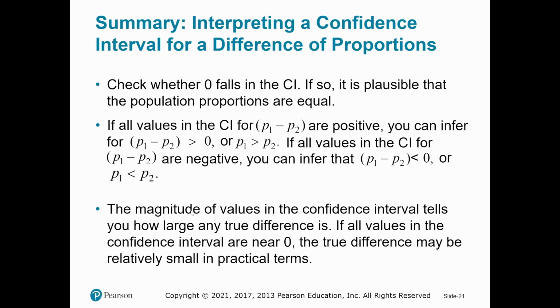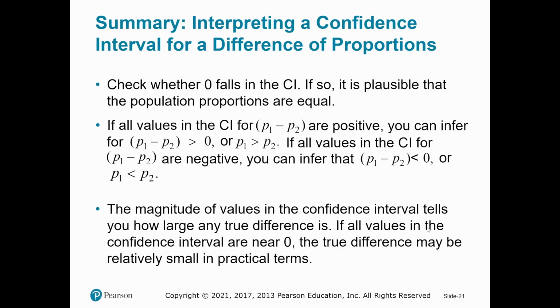Now, the magnitude of the values in the confidence interval tells how large any true difference is. Don't forget, the confidence interval estimates the true difference in proportions. It's just an estimate, but it's an estimate that incorporates the standard error of the difference in the sample proportions.